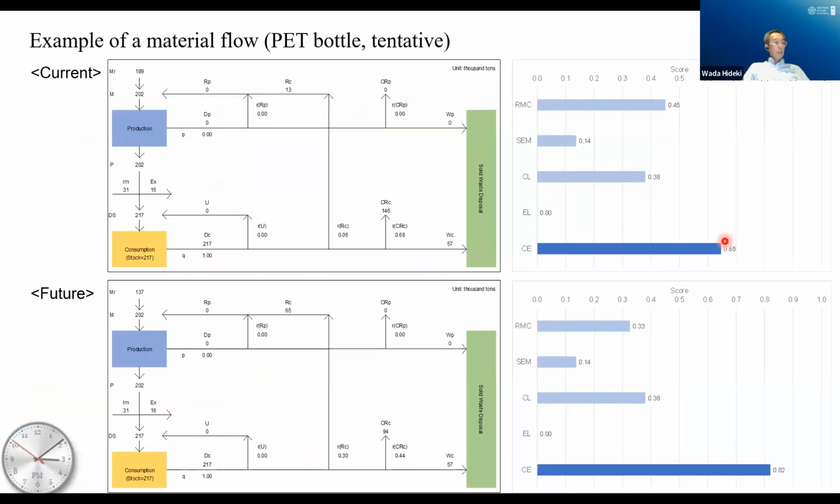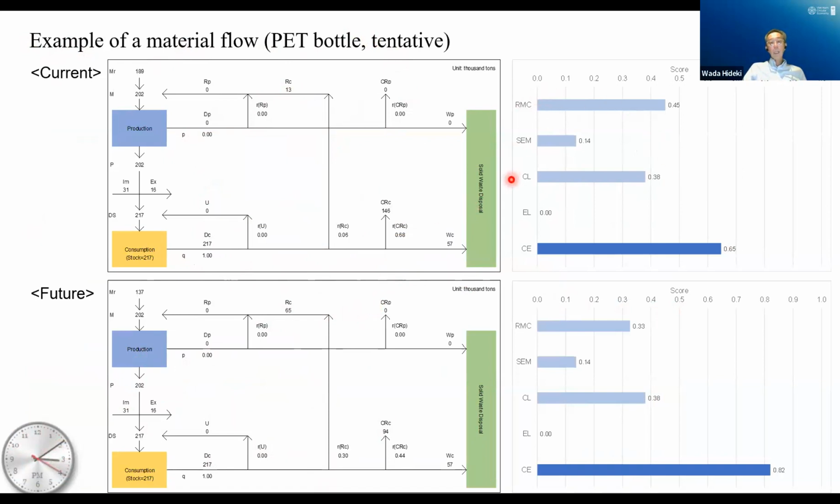Finally, we listed 44 products, and we drew this kind of material flow for each of these 44 products. This is an example of a PET bottle. We drew the current material flow as well as the future target, showing how to change this material flow for the PET bottle.